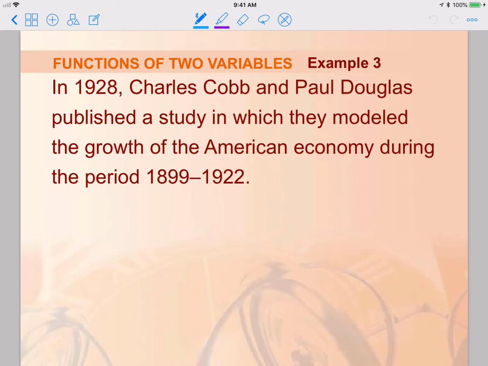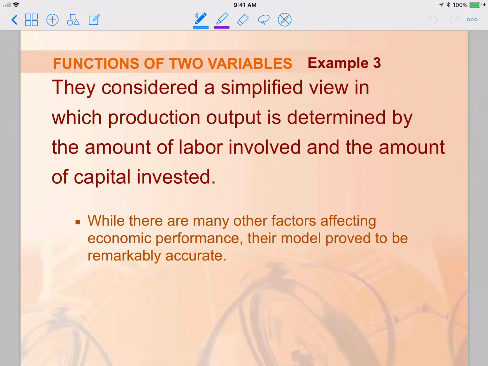Another example is one that's used in economics a lot, and it is the Cobb-Douglas index. Okay, so Charles Cobb and Paul Douglas in 1928 published a study where they came up with a model to describe the growth of the American economy over 20-something years, which includes the Depression. Okay, so for their analysis, they just looked at a simplified view.